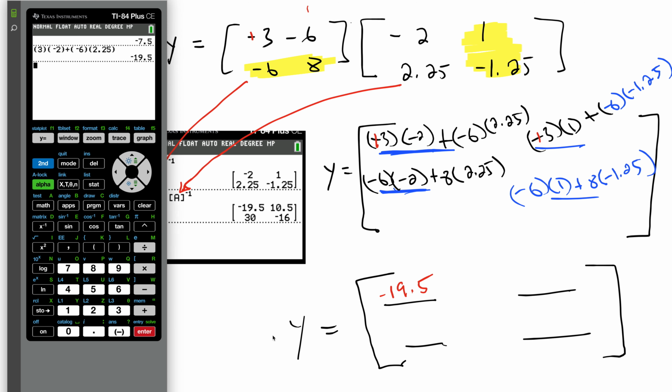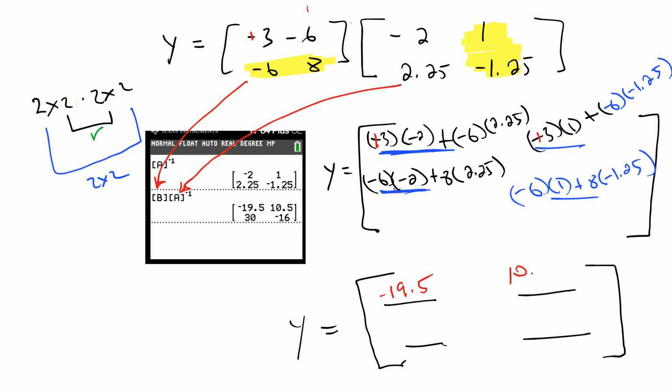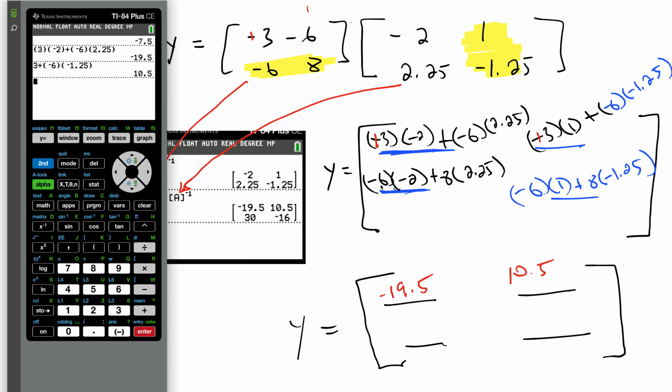Hold on now. This should be 3 plus negative 6 times negative 1.25, which is 10.5. And this is negative 6 times negative 2, which is 12, plus 8 times 2.25, which gives 30.